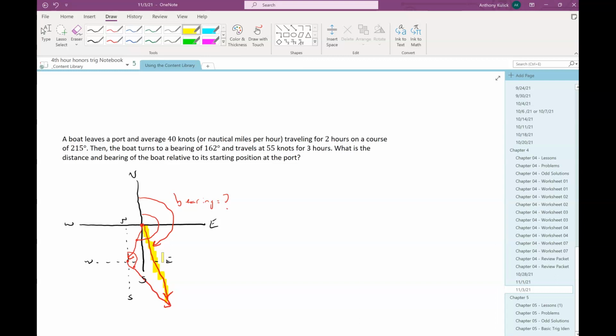Everybody okay with that idea? So the way we're going to do this is to figure out where that finishing spot is. We're going to break that trip down into a horizontal component and a vertical component, by getting the horizontal and vertical component from each leg of our trip.